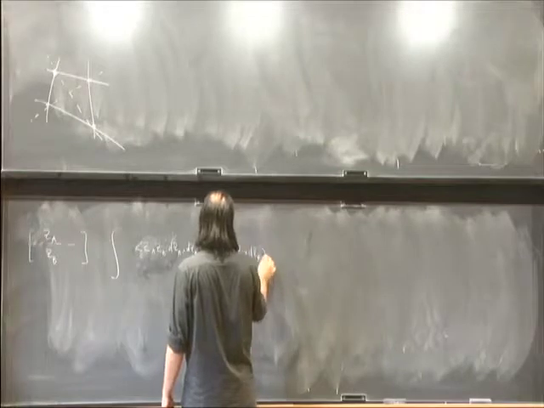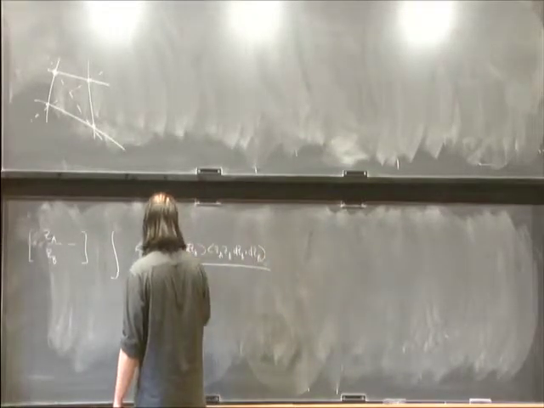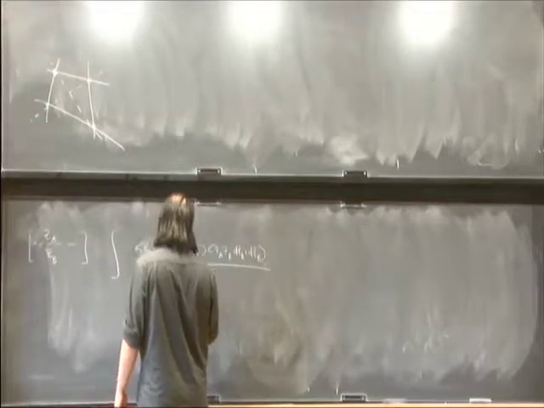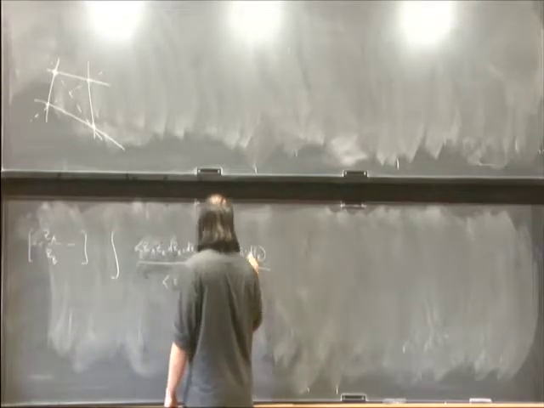And we have to divide by something of weight 4 in ZA, ZB. And I do that by picking some random UV.